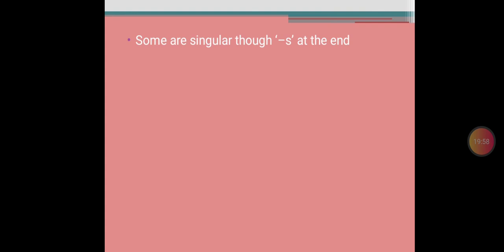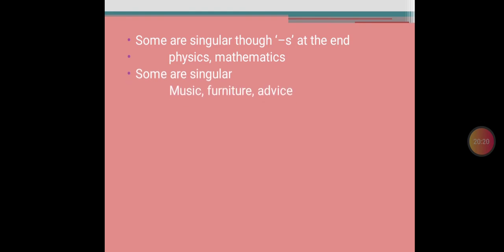Even at the end of that noun, there is s, but they are singular. For example, physics, it is singular, not plural. Same way, mathematics, economics, politics, etc. Same way, there are some singular nouns. They are not used in plurals.